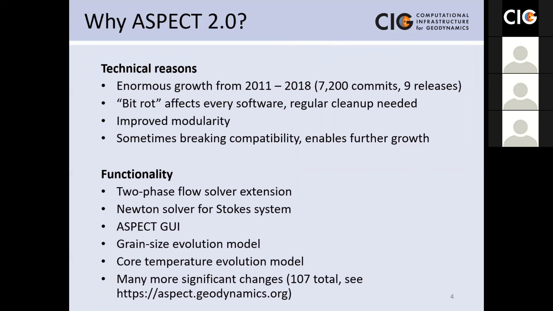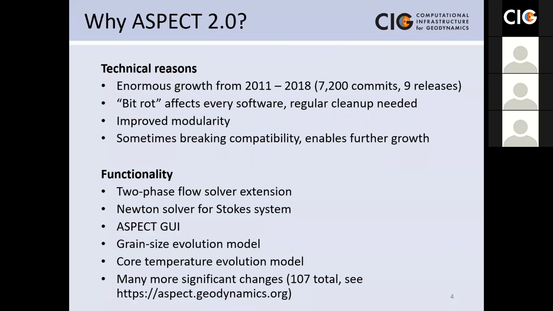And whenever a project grows this fast, you have developments that don't quite hold up to the quality that you expect for the whole software package. In software development terms, this is known as bit rot, or the continuous degradation of the code base that you try to develop. So you need regular cleanup. But not all of this cleanup can be done in a backwards compatible way.